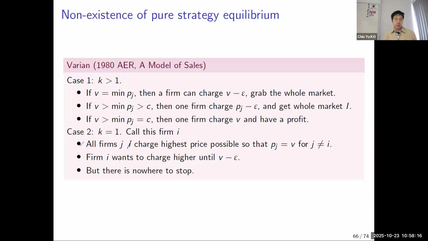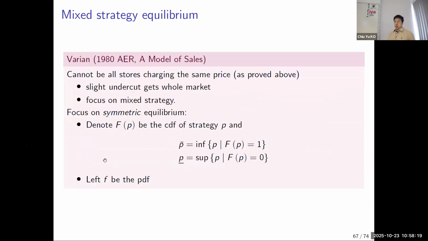Now, by showing this, it means that no one is able to fix the price, right? If anyone fixes the price, then someone will change. So that's why he focused on mixed strategy equilibrium, and to make the model tractable, he focused on symmetric equilibrium, which means that everyone adopts the same strategy.